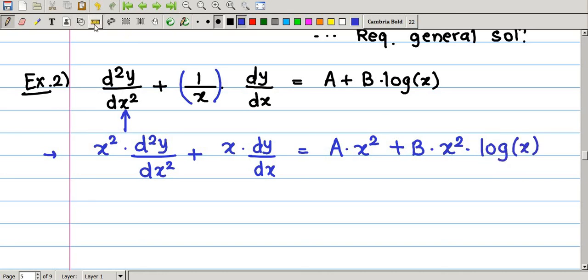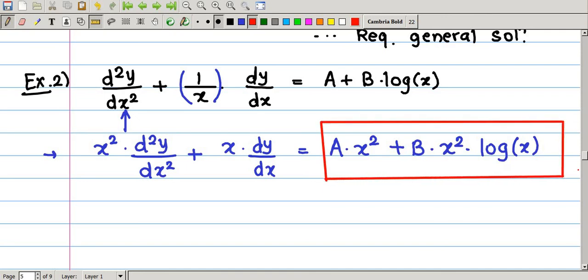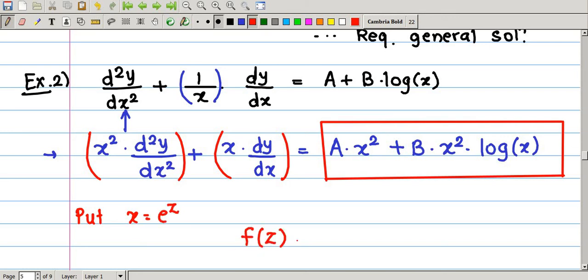Now I want you to solve this equation for this new f of x. The method of solving is to use the same substitution for the left hand side. If we put x is equal to e raised to z, then your function in terms of z will be a into e raised to 2z plus b, since x square will give you e raised to 2z and log x will give you z.